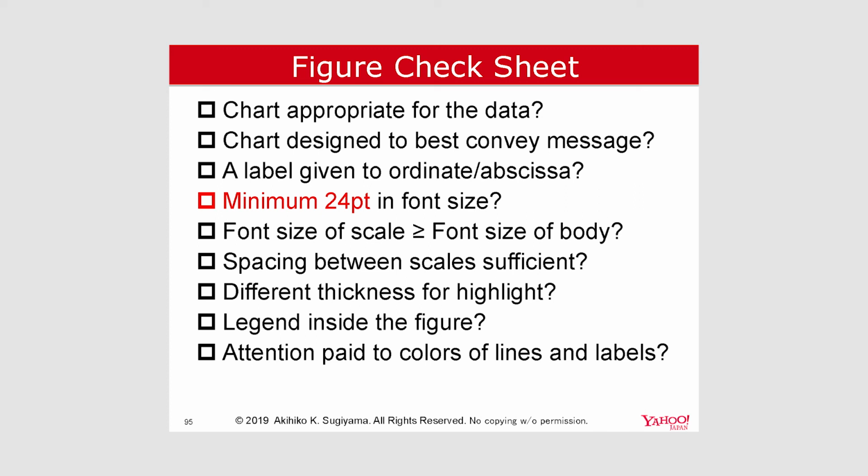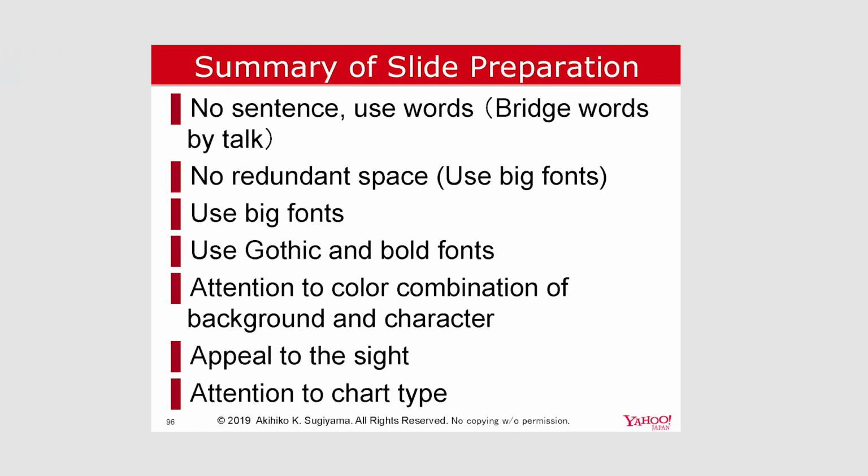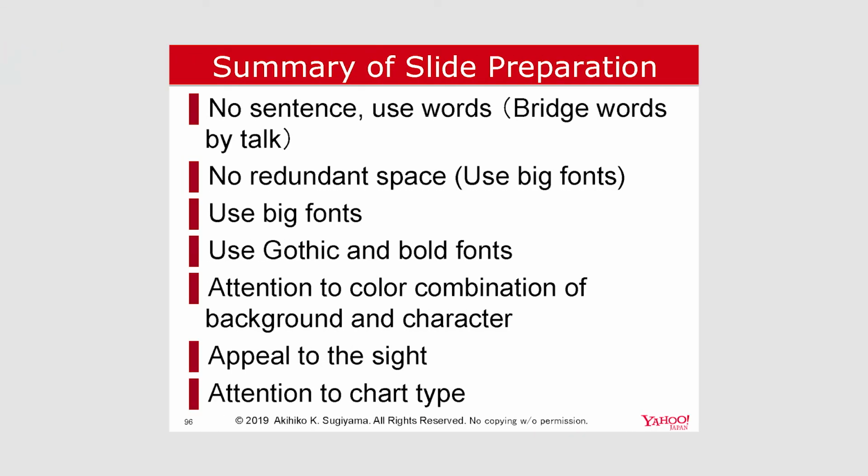So here is a summary of slide presentation. Don't put sentences, use words instead. And between words, you can connect them by your talk. And no redundant space. Why don't you use bigger fonts if you have redundant space? And use Gothic and bold fonts.